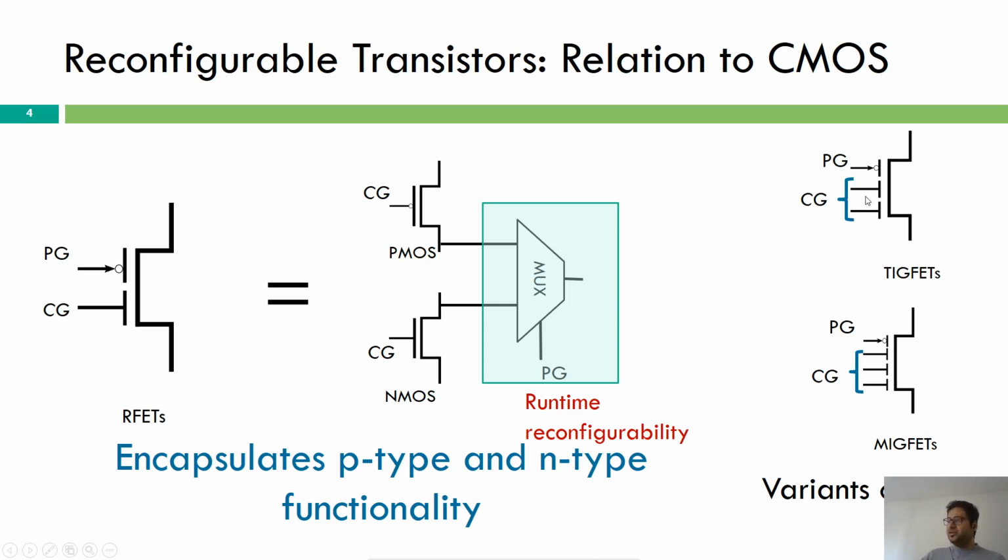Now the idea is that these control gate terminals act as an ANDed structure. What does that mean? That you can connect multiple signals on these control gates, and that will give you an ANDed functionality. This can be correlated to having a number of CMOS transistors connected in series, right?